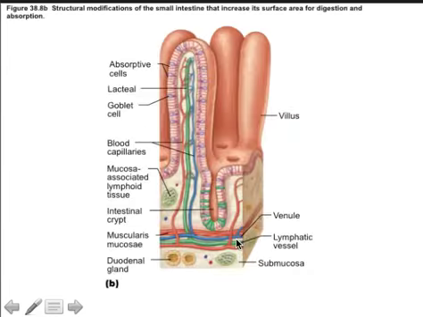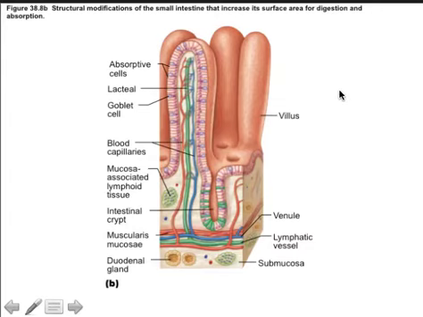Now this is just a look at a cross section through a typical region of small intestine. And this figure is just designed to show you the different major layers, what you expect to find if you're examining the lining of the small intestine in detail.